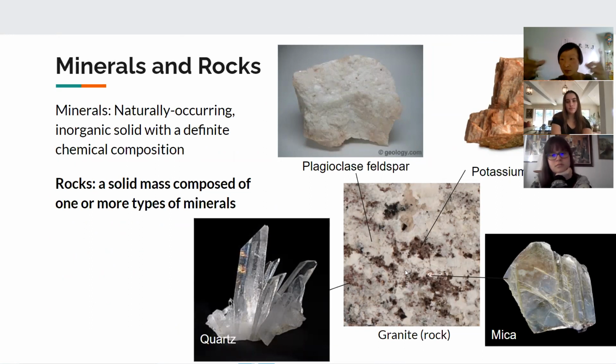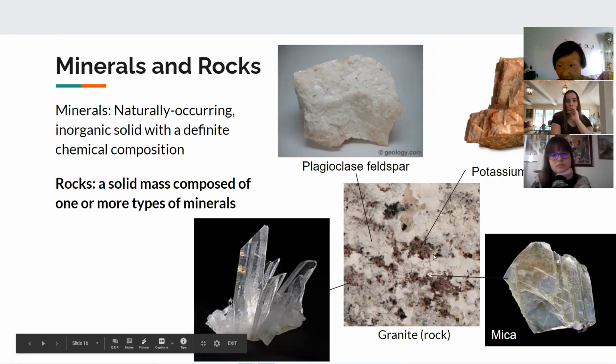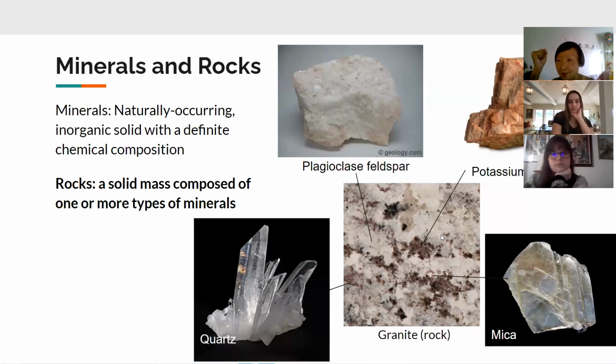When you have this sample, you look at it with your naked eye. Actually, you don't need a microscope. You will see all different colors, right? Those different colors, they're different minerals.